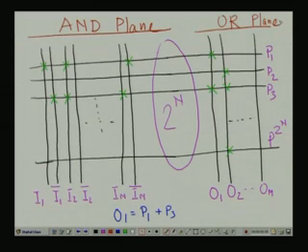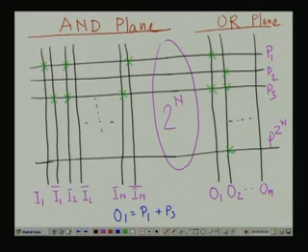And the size of the PLA is, see that here there are 2 to the power n number of rows, and in the AND plane there are 2n columns, in the OR plane it is m number of columns.